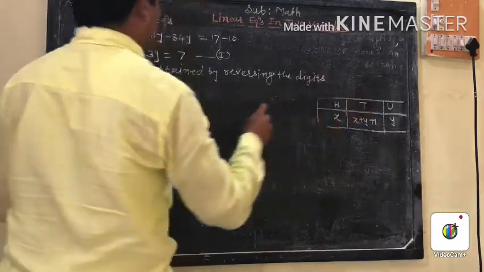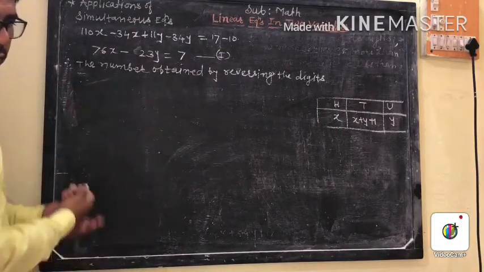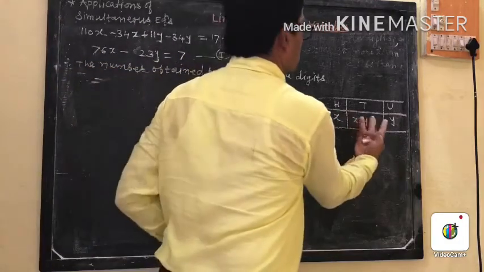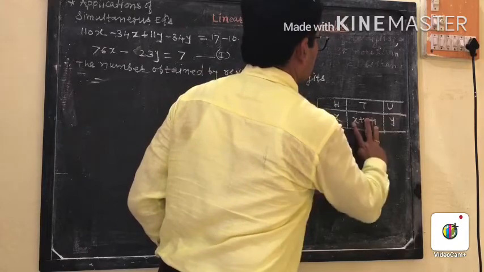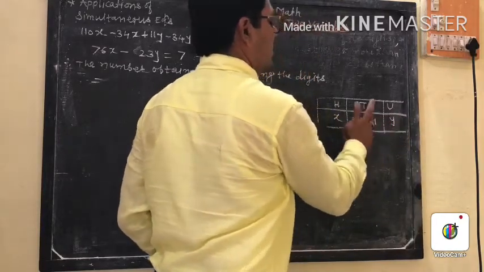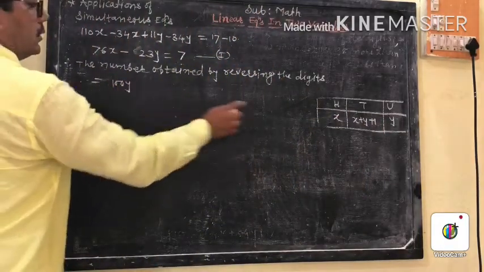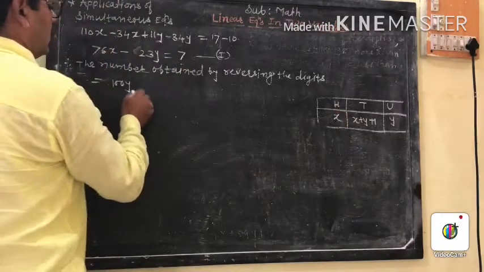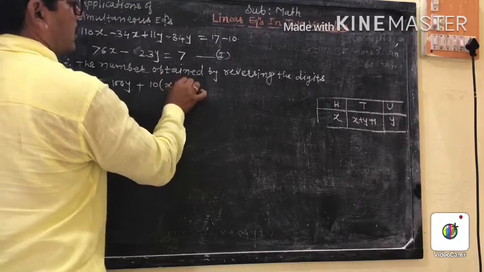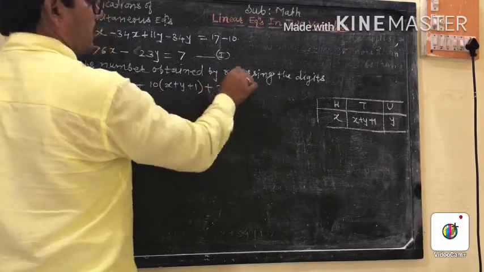Therefore, you get the number. Reversing means these three digits are reversed here. Means y comes to the hundreds place and x goes to the unit place, and the middle digit is as it is. Means 100y plus 10 into x plus y plus 1, plus the unit place is x.